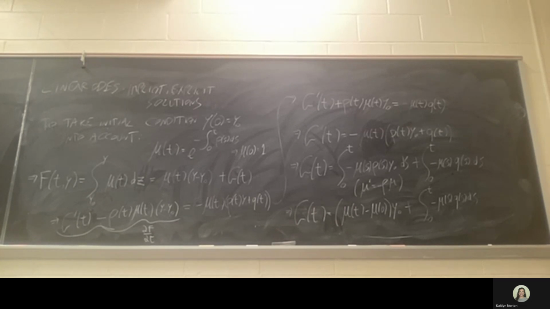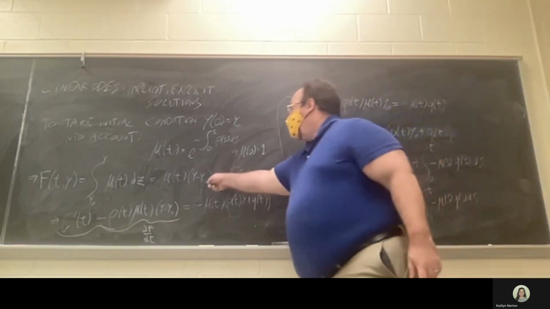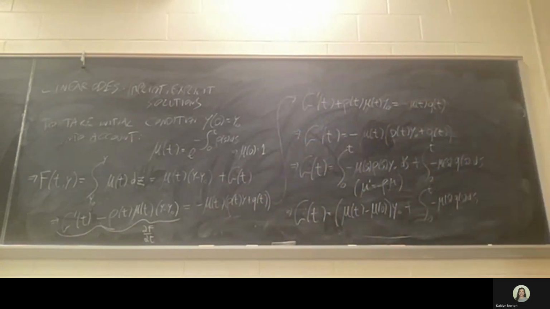So now I have g of t that I can add to this, and that should give me my implicit solution. But what I want to make sure of is that if I set t equal to 0, what I'm left with is supposed to be y naught. And yes.